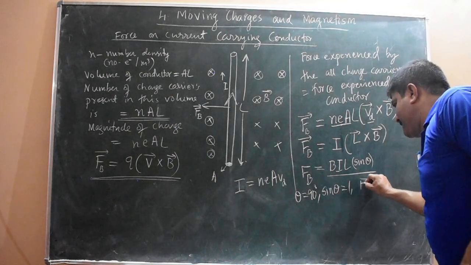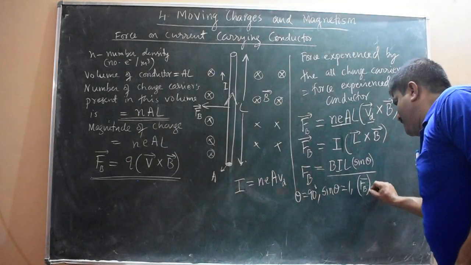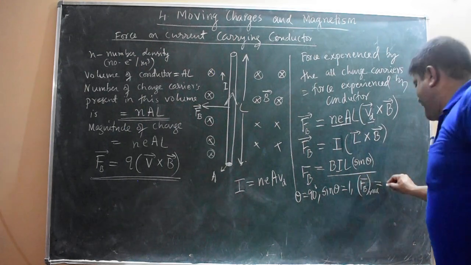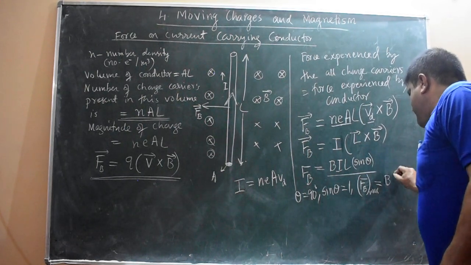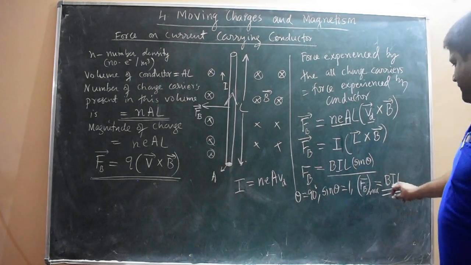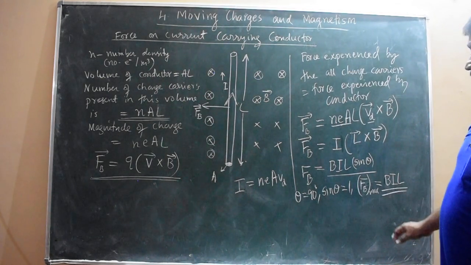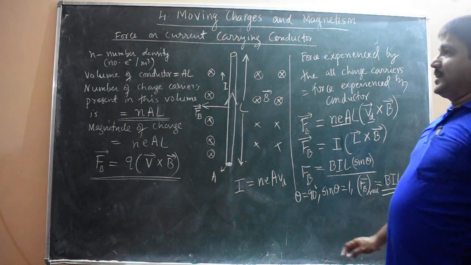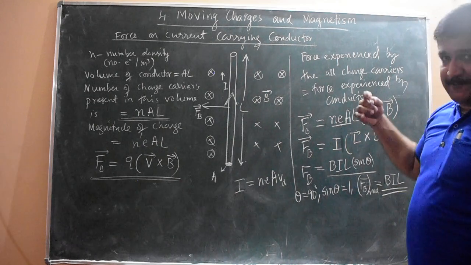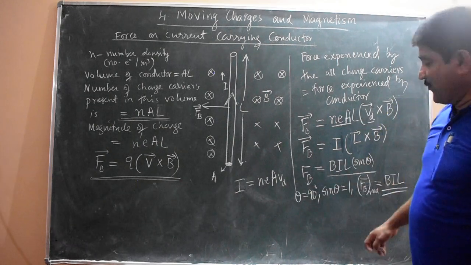Then FB is maximum, and that maximum is BIL. So when the current carrying conductor is placed perpendicular to the magnetic field, it experiences a maximum force.